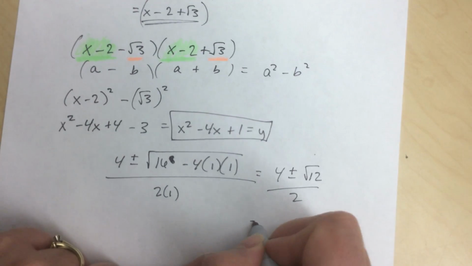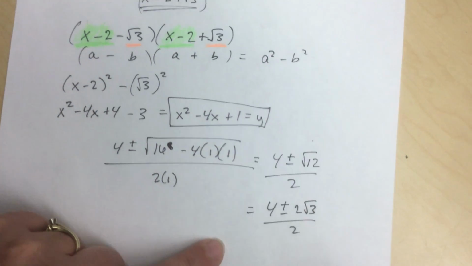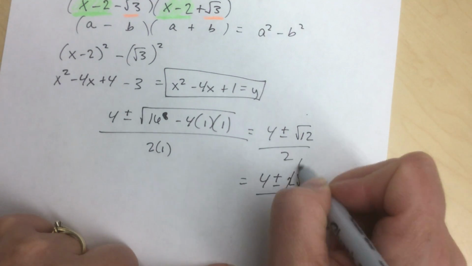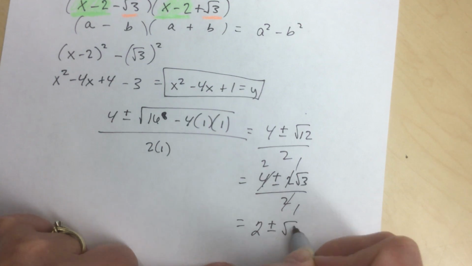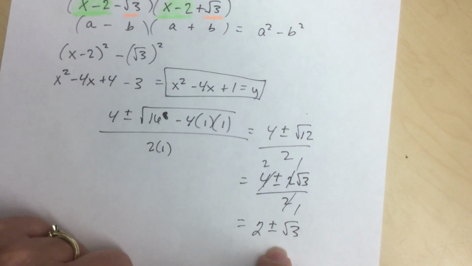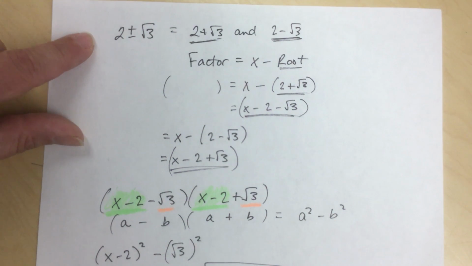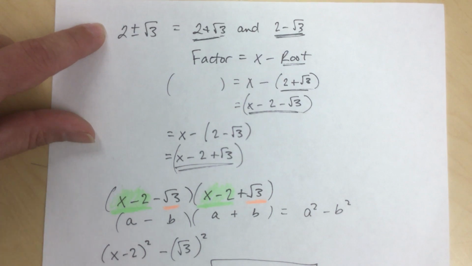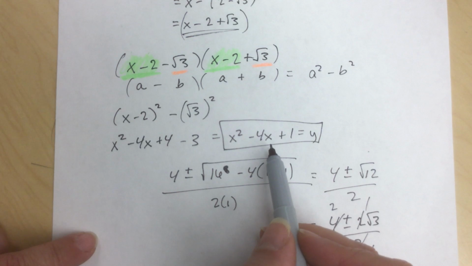I can pull a 4 out of that. 4 plus and minus 2 radical 3 all over 2. The 4, the 2, and the 2 all reduce to a 1 and a 2. And guess what? You get 2 plus and minus radical 3. That's what we were told at the very beginning is our roots. Okay? So we're going backwards now. I'm giving you the answers for what makes the polynomial equal 0, and you're giving me the polynomial.